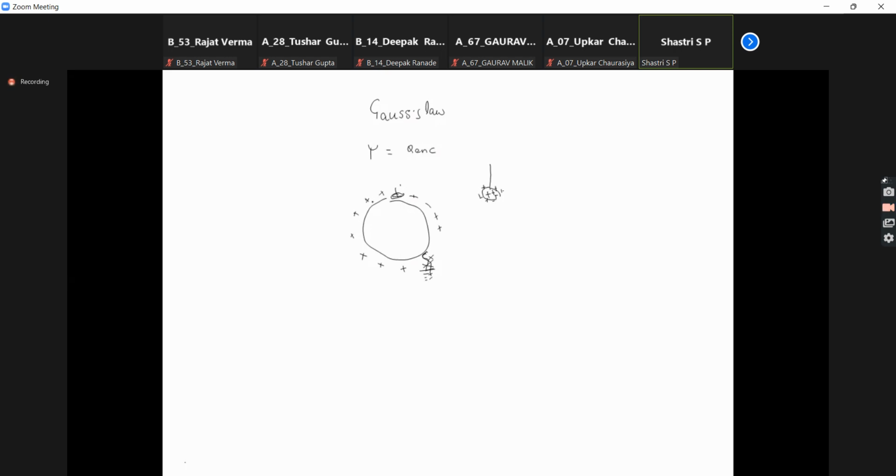Since the inner charge is grounded and the charge is taken out, on the outer side there are positive charges, still there. Now this charge is measured. Let us consider that the amount of charge on this charge is positive Q, and the amount of charge measured on the outer surface of this sphere is also Q only.